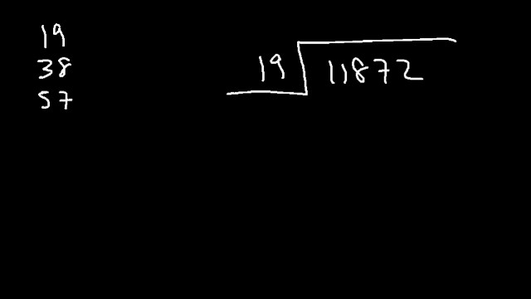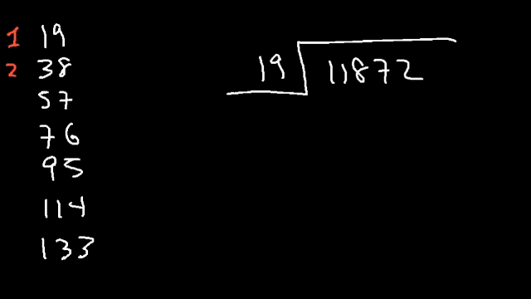Plus another 19, that's going to be 76. Plus another one, 95. Plus another one, that's going to be 114. Plus another one, that's 133. So 133 is too much. So 19 goes into 118 6 times.